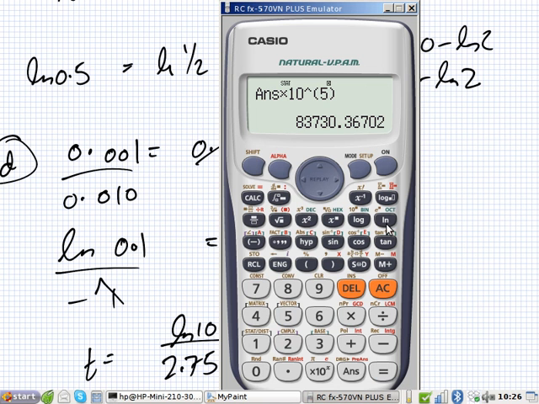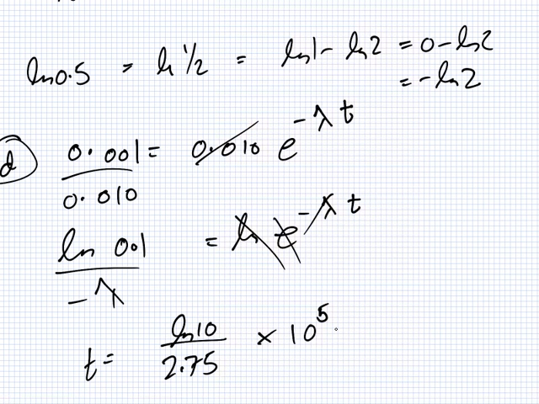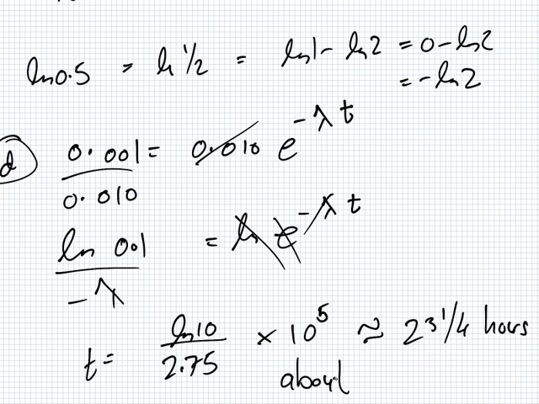Now, probably should put this into hours since it's so many seconds. So nearly a day, 23 and a quarter hours. So it's roughly a day. So I'll say about 1 day.